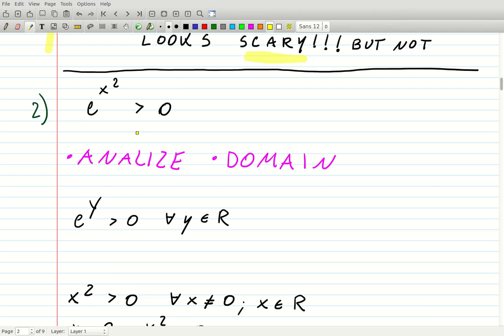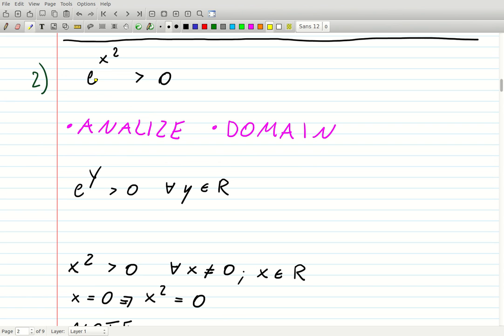Okay, now, after a few tips, we can look at this exercise, a very simple one. e to x squared greater than 0. It is so simple that we can do the two steps, analyzing the function and finding the domain, together. What are the elementary functions which make up this inequality? e to y greater than 0, and e to y is defined, as we know, for every real y.